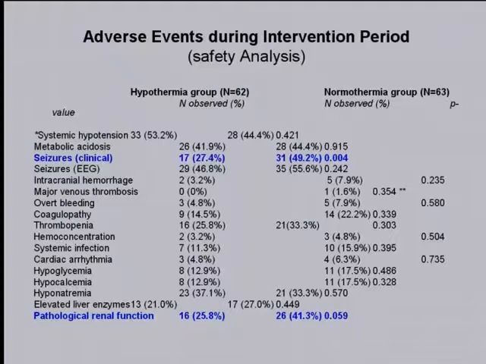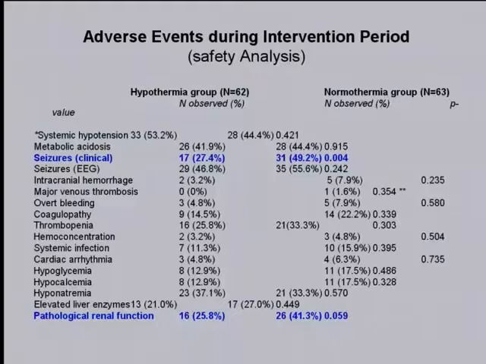However, in two variables, the clinical seizures, the hypothermia group had only half the rate of seizures compared to those not cooled. About 50% compared to about 27% in the hypothermia group, and also the renal function in the normothermia group was abnormal in 40% and only 26% in the hypothermia group.